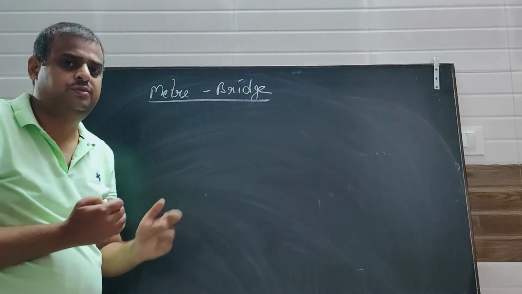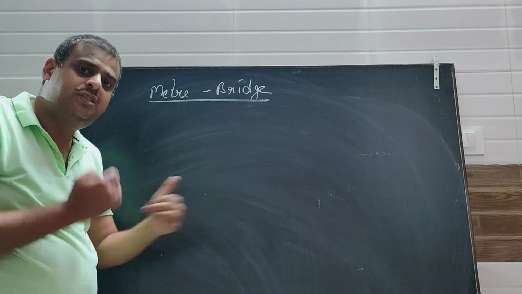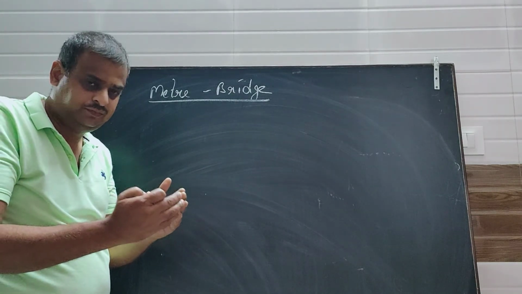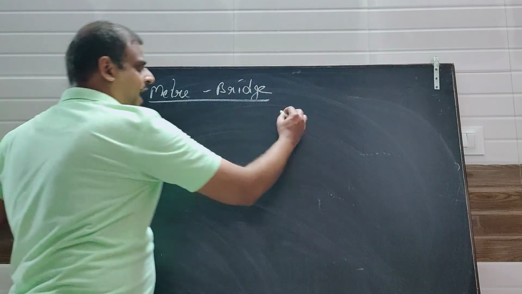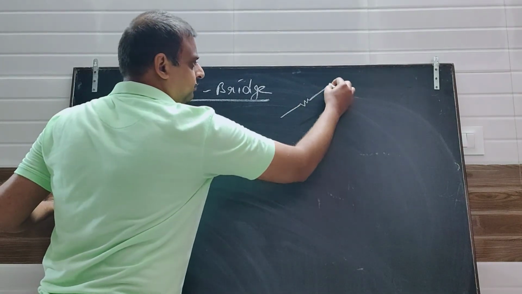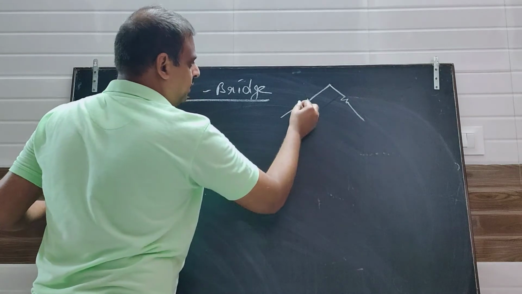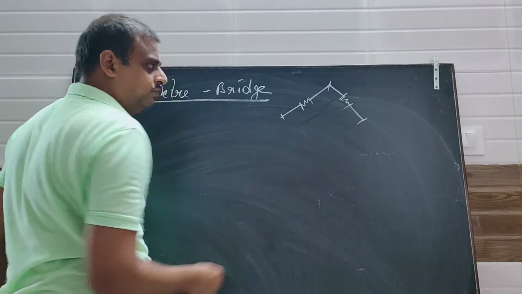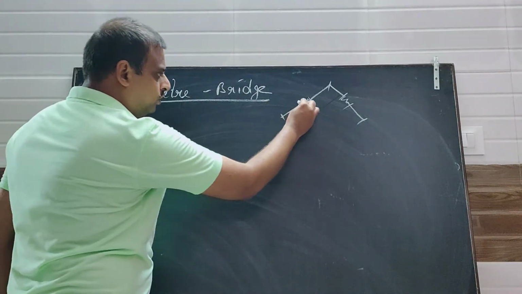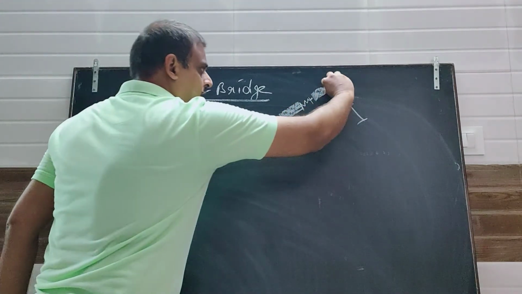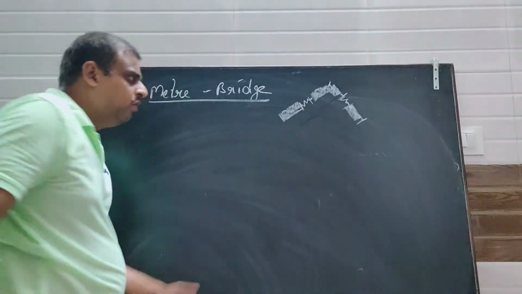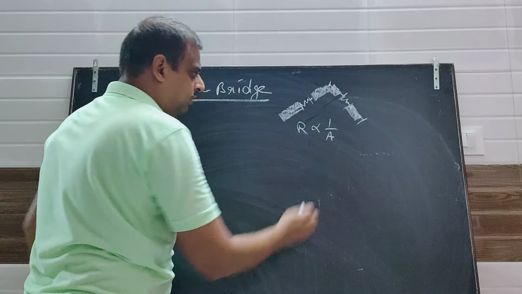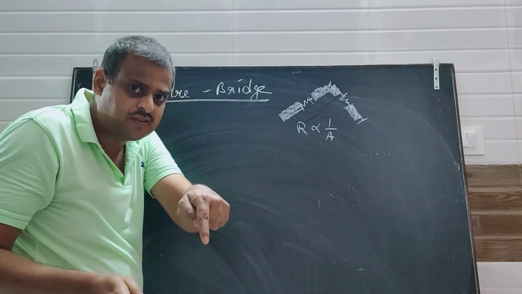We had 4 resistances, and these are connecting wires. We will use strips instead of wires. Why strips? Because resistance is inversely proportional to area. If we increase the area, resistance is small.